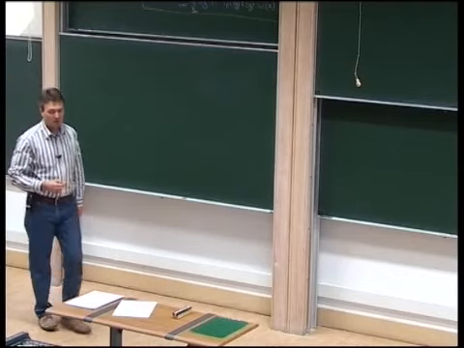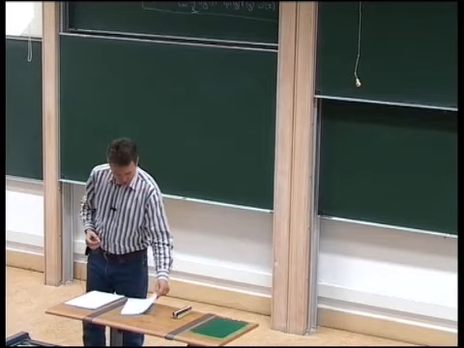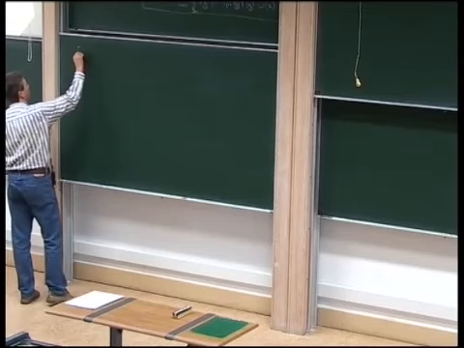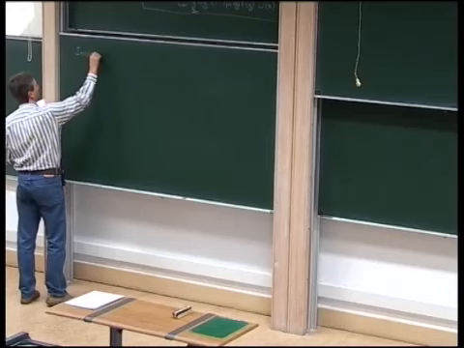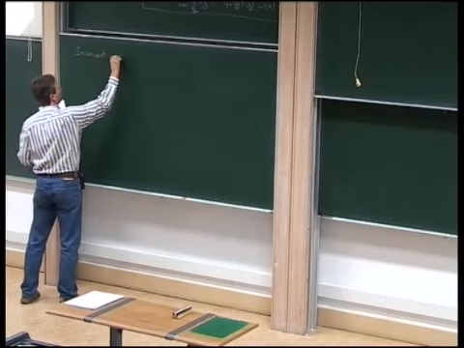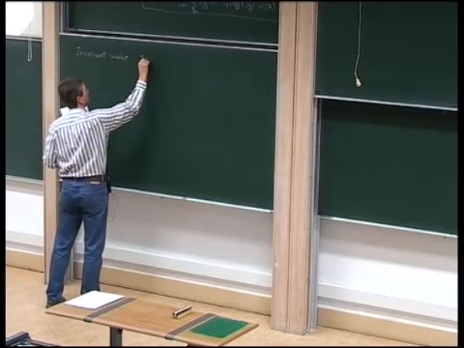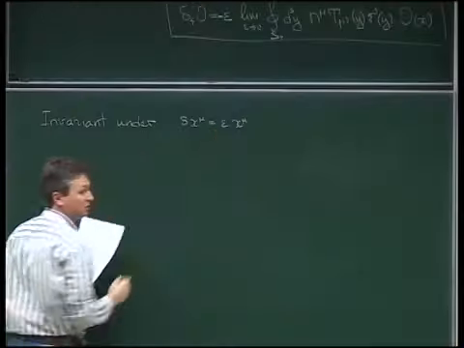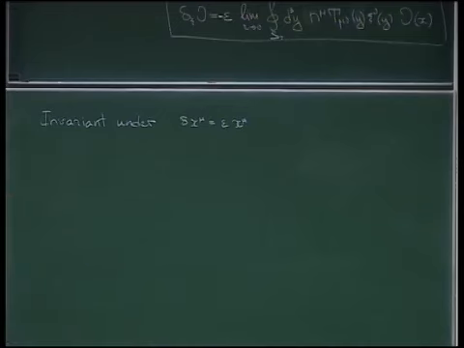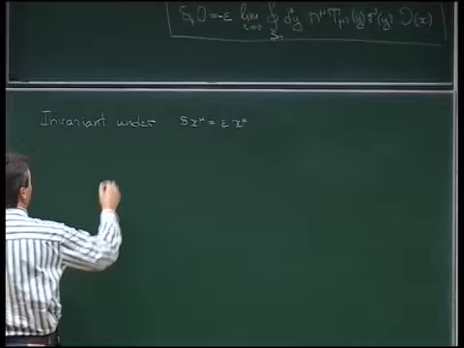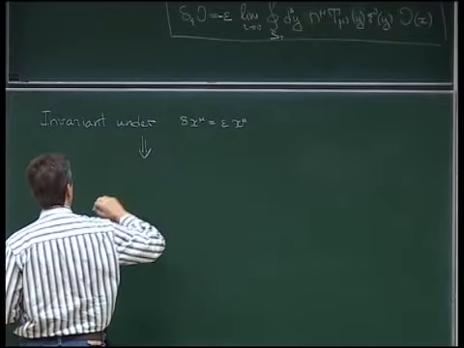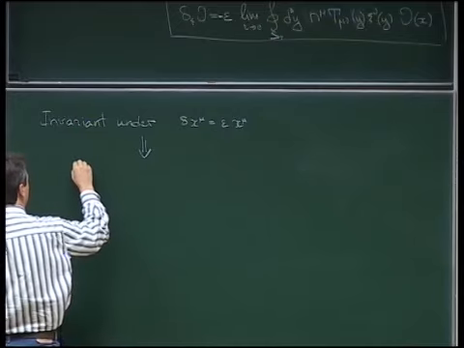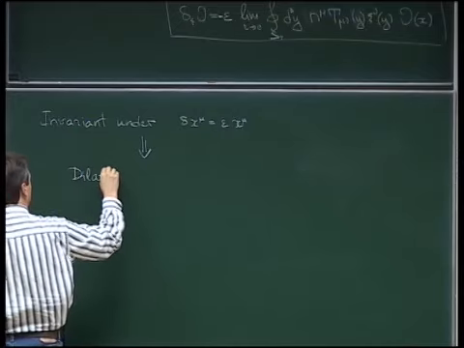So in the particular case of scale transformations, if the theory is invariant under delta x_mu equal epsilon x_mu, so this is infinitesimal dilatations, then the dilatation current should be conserved.